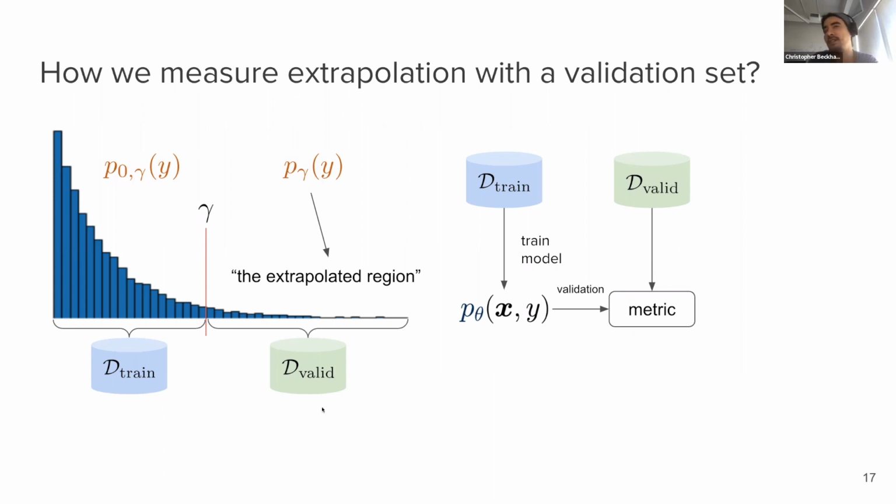We're not training on the validation set directly, but we are tuning the model to explain it well.